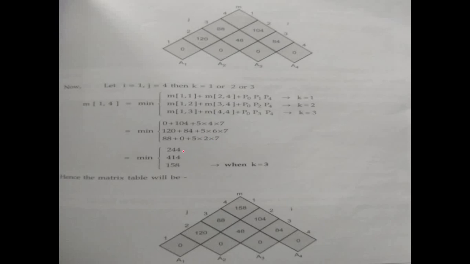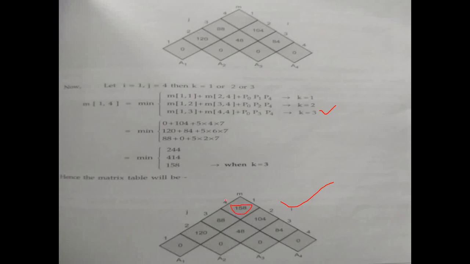From the calculation we found the results 244, 411 and 158. So 158 is the minimum of these results, in case of k equal to 3. Here our resultant matrix will look like this: 120, 0, 0. Here multiplication of 2 and 3 is 48, 3 and 4 is 84, and here we have found 158.